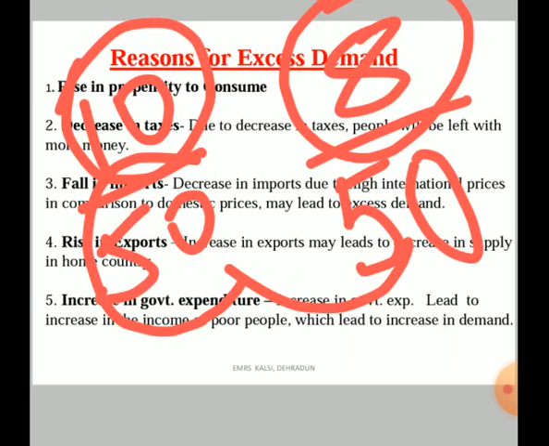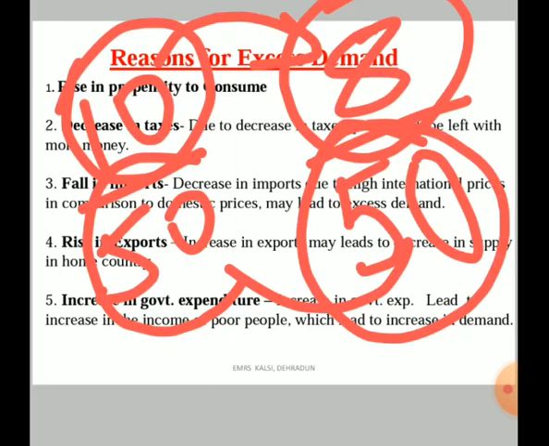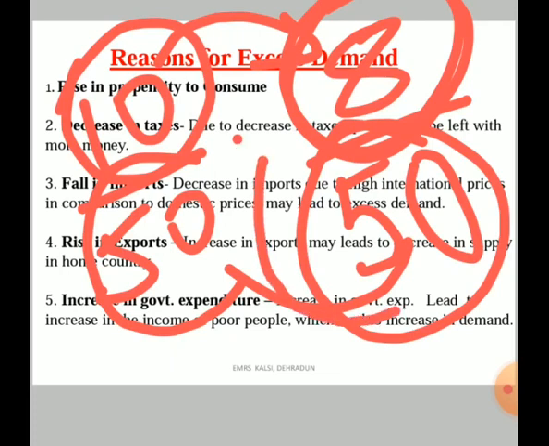So due to this decrease in imports, there is a need for extra crude oil because these 8 barrels are not able to fulfill the demand of the country. That is why there is excess demand in the economy.